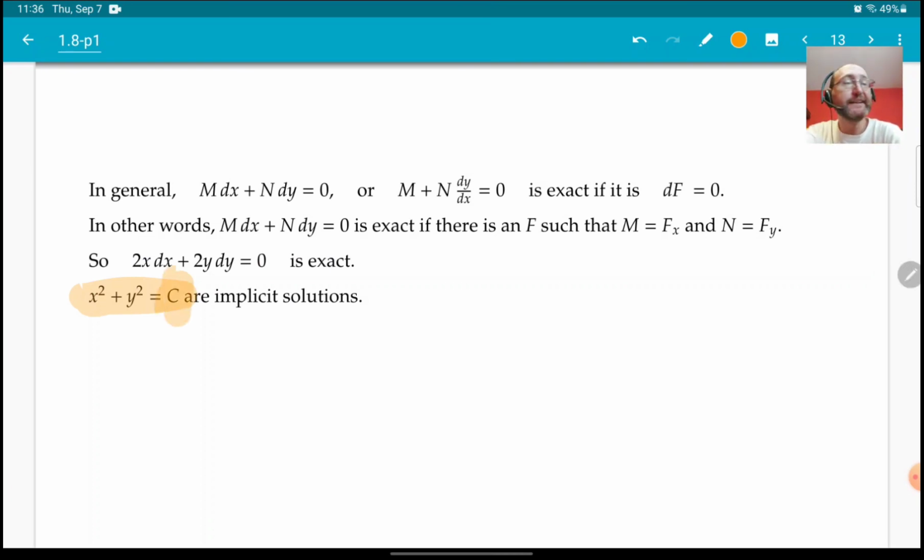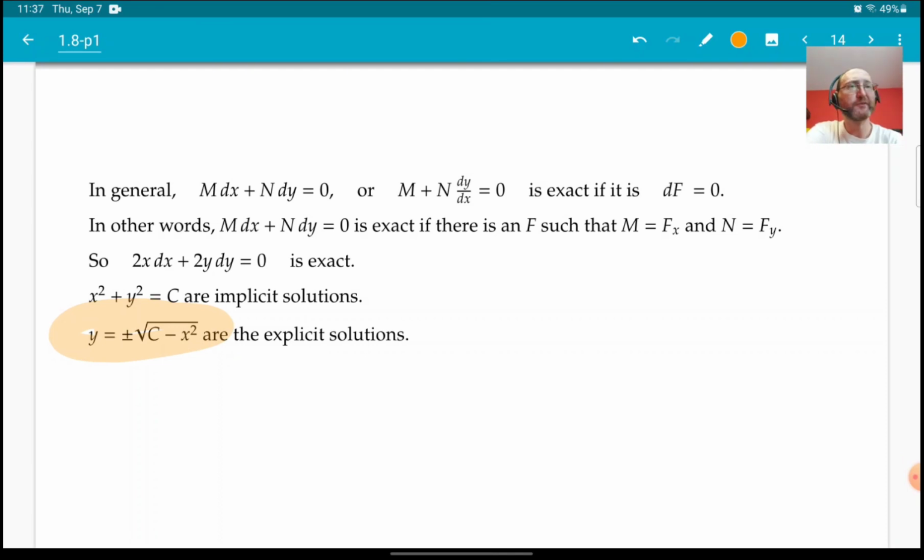And this c is the constant that, if you have some initial values, you solve for. So you're getting these sort of implicit solutions. In this case, you can also find these explicit solutions that look more like what you would see normally. You start with something like this and you end up with something like this.